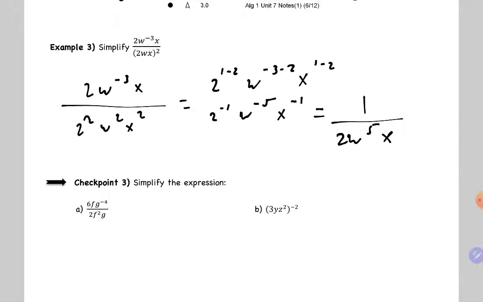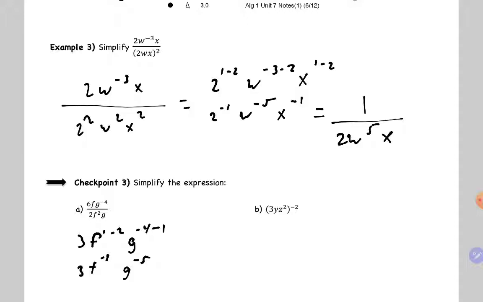Simplify the expression. So 6 divided by 2, remember, we can just do 3. f to the first minus 2, g to the negative 4 minus 1. So this is 3f to the negative 1, g to the negative 5.